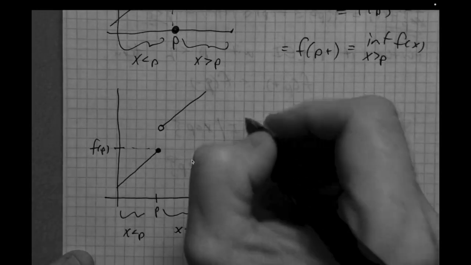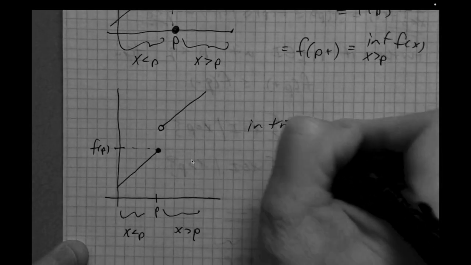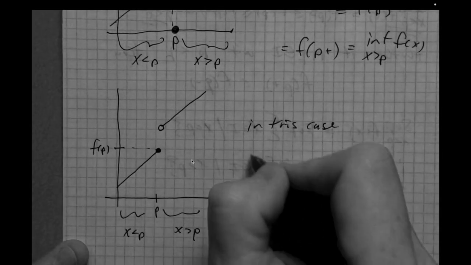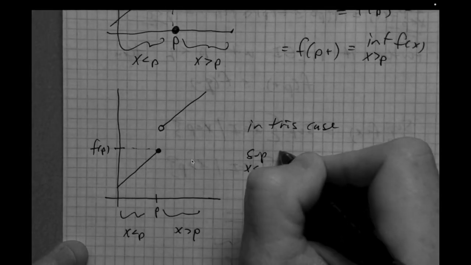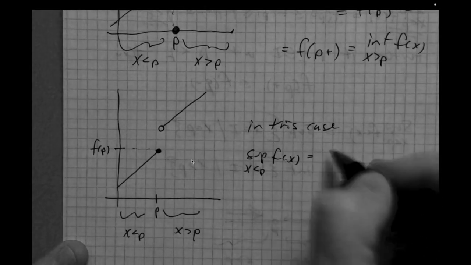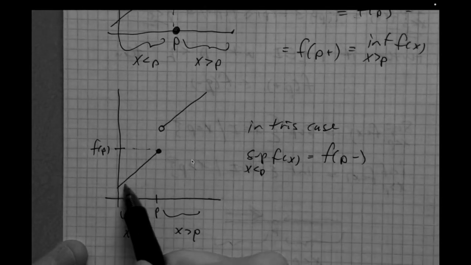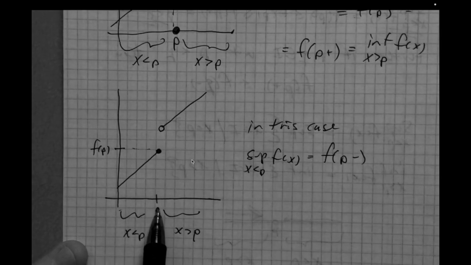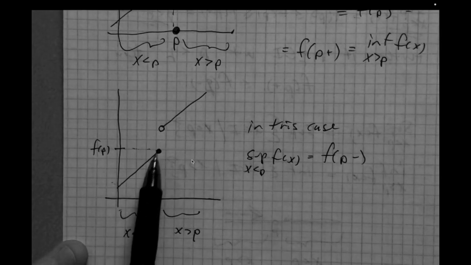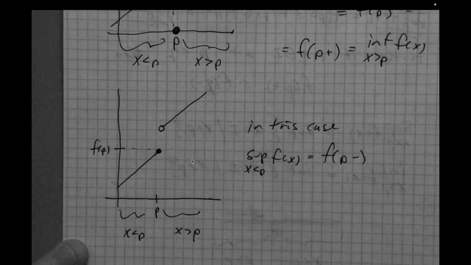So in this case, the supremum of f of x for x less than p is equal to f of p minus. As I approach p from the left, the value of the function approaches the left-hand limit. Now what happens when I approach p from the right?